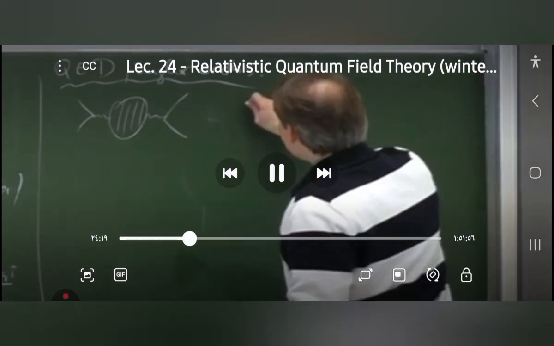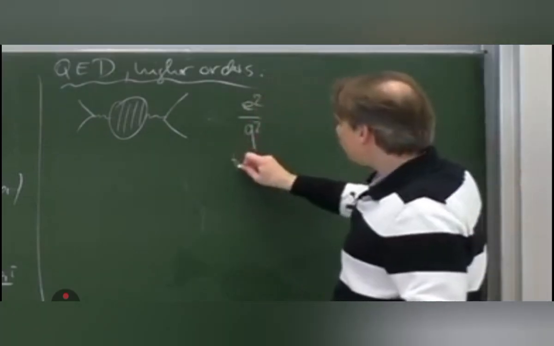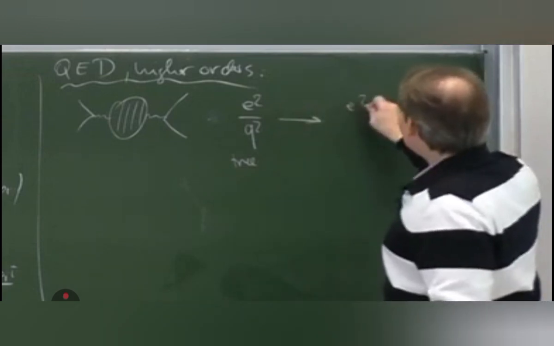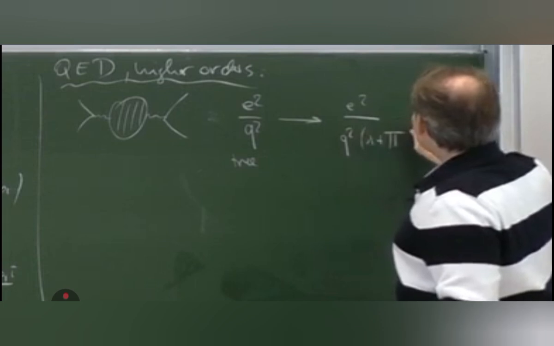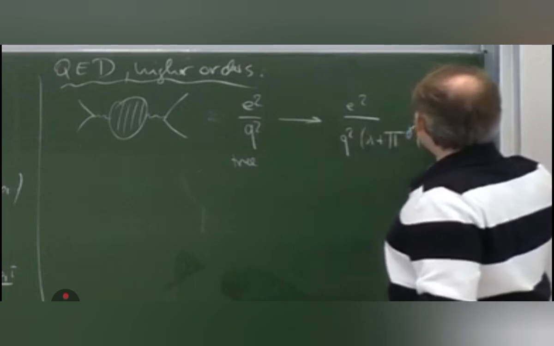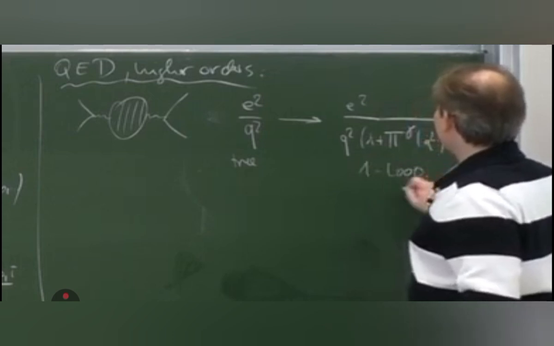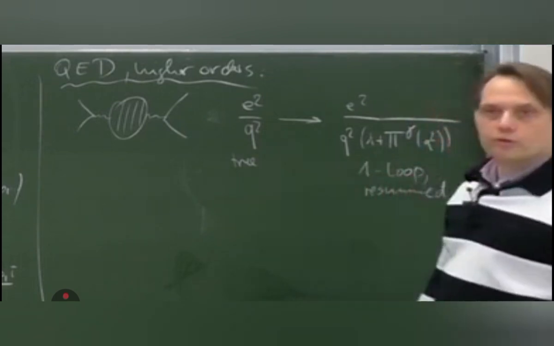Instead of E square divided by Q square at tree level, we now have E square divided by Q square times 1 plus pi gamma of Q square. That is the new prediction, right?